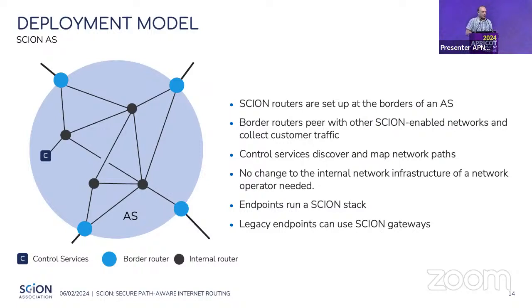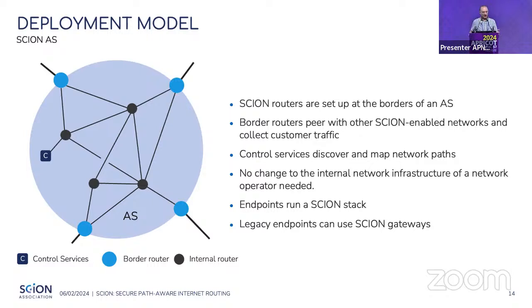So the deployment model is that SCION routers are set up on the borders of each AS. These are specific SCION equipment. Ideally, this will be supported in standard vendor implementations. At the moment, there's equipment available from Anapaya. You can also build your own routers with the open source implementation. But these essentially peer with other SCION-enabled networks, and will collect the customer traffic.